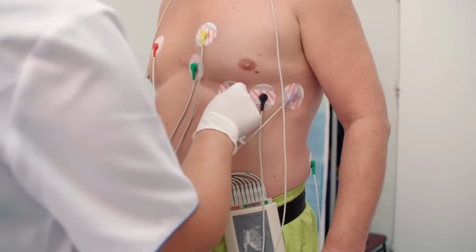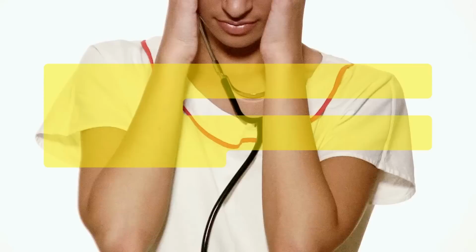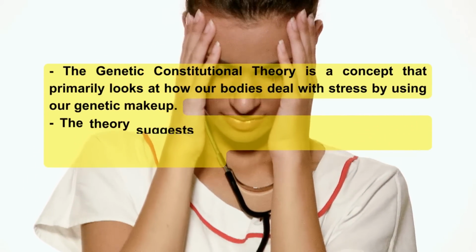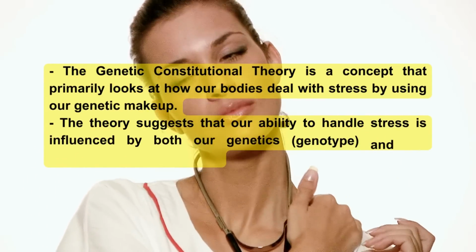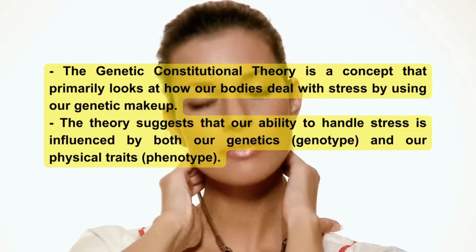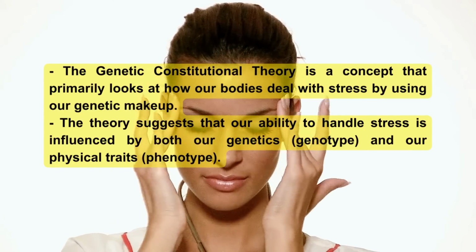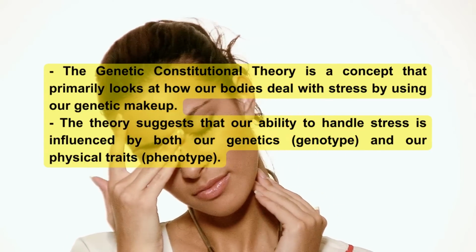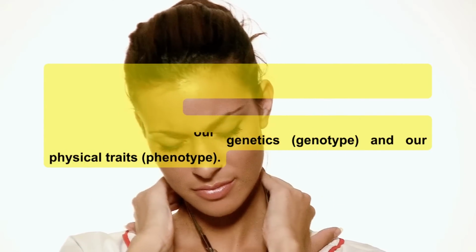Let's understand genetic constitutional theory. The genetic constitutional theory is a concept that primarily looks at how our bodies deal with stress by using our genetic makeup. The theory suggests that our ability to handle stress is influenced by both our genetics, genotype, and our physical traits, phenotype.